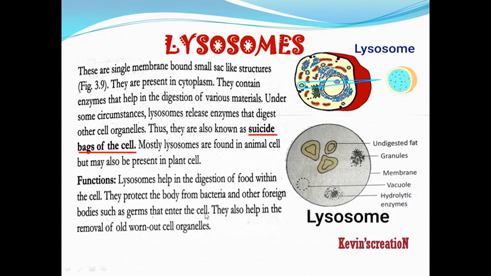So they can digest all these also. If some foreign body is there which is not good for the body, it is digested by the lysosome. So they protect also. They also help in the removal of old and worn out cell organelles. The cell organelles which are not functional are removed by the lysosome.